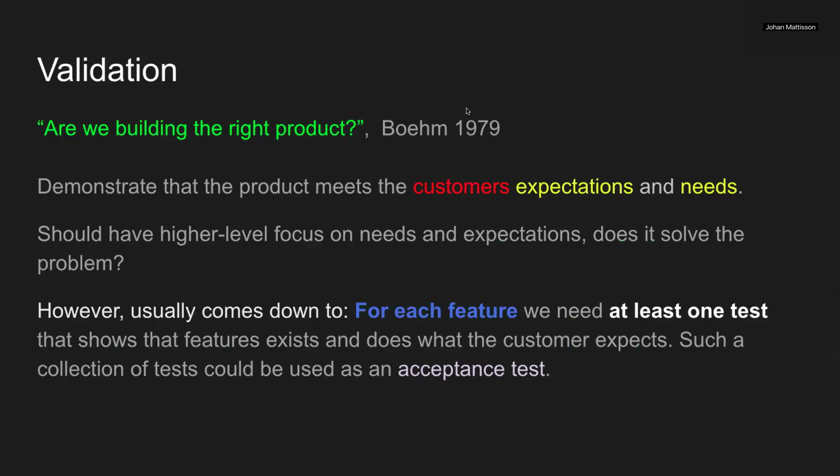This is like a communication between us as a developer or a company and the customer: do we meet the customer's expectations? So this is the validation. Are we building the right thing?